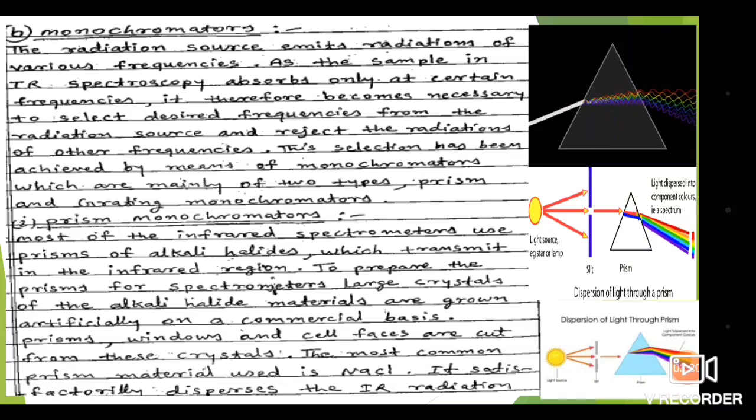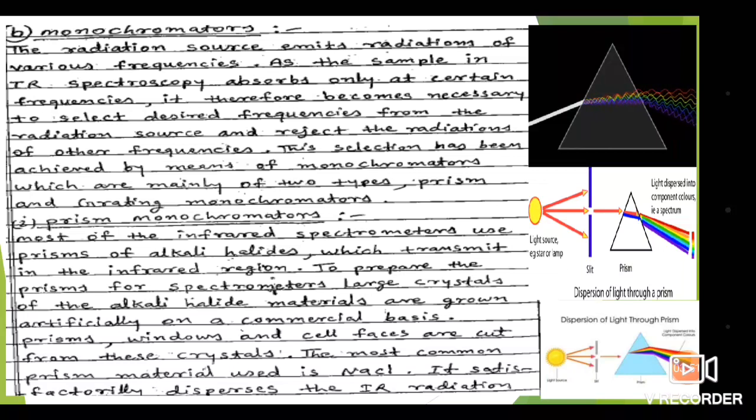This selection is achieved by means of the monochromator, which are mainly of two types. Here we require a specific wavelength, and that specific wavelength is absorbed by the given substance.